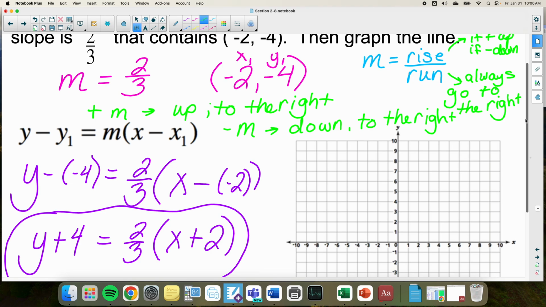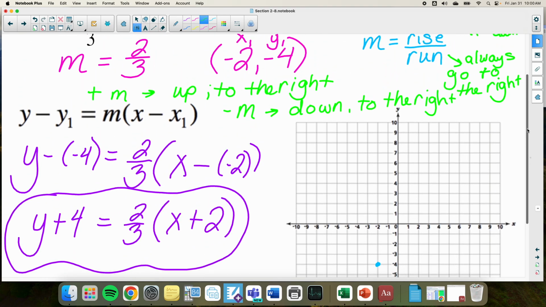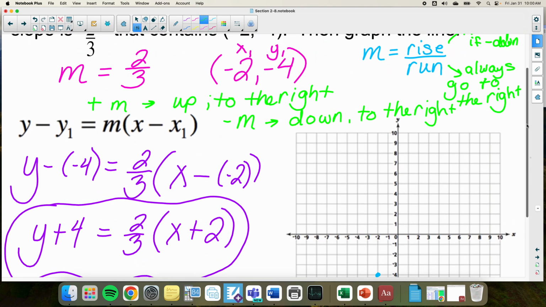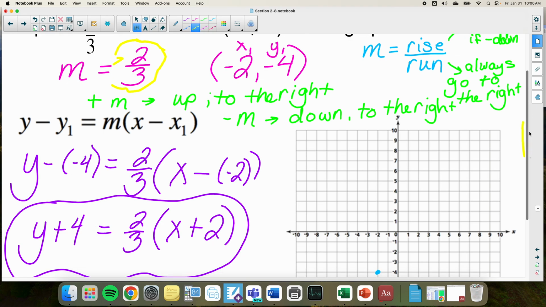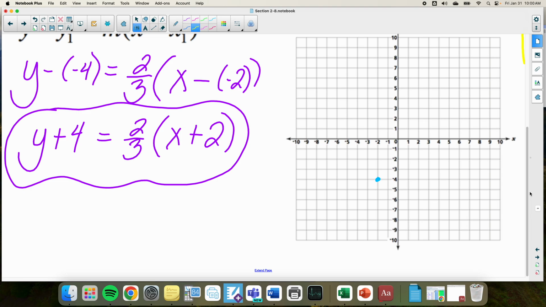So now we're gonna plot our point, and our slope for this one, notice, is +2/3, okay? If it's positive, we go up and to the right. So we'd go up 2, right 3. Okay, so from this point, I go up 2, right 3.